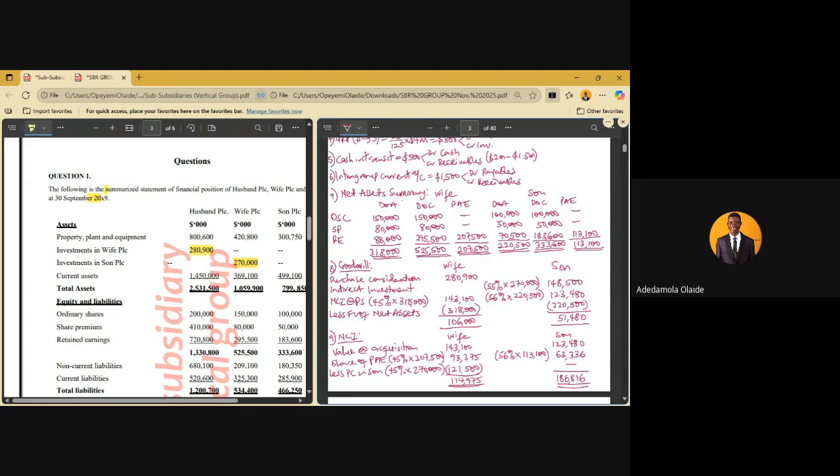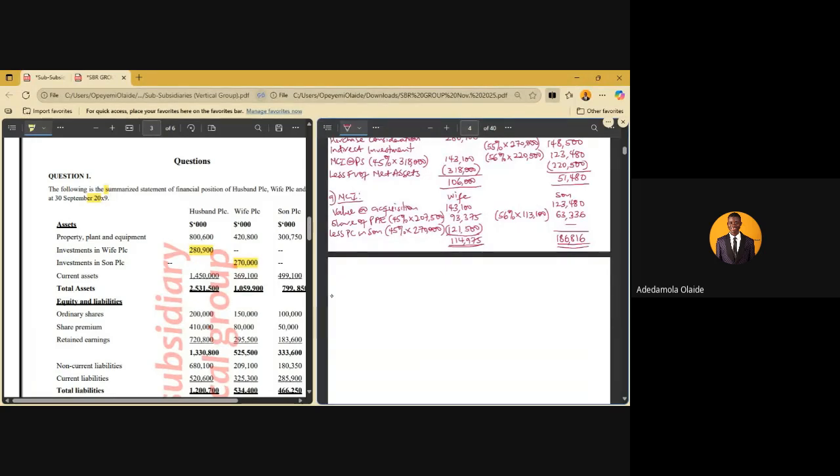Okay. So we can now come to note 10, group retained earnings. The group retained earnings will have husband's retained earnings, which is 720,800. So we can now bring every other thing.